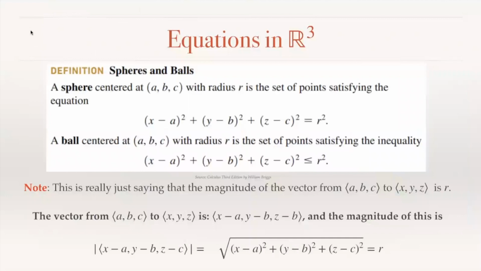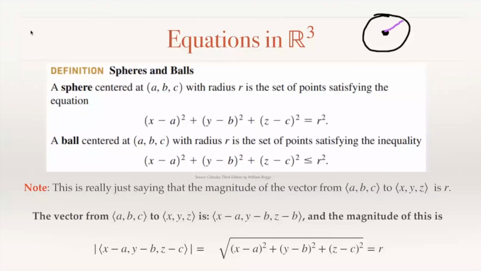And our first non-trivial equation in 3 dimensions is the equation of a sphere. So a sphere centered at the point (a, b, c) with radius r is the set of all points satisfying this equation. Okay, before we look at this equation, let's imagine a sphere. I can't draw a sphere, so let's imagine a circle. There is our center.